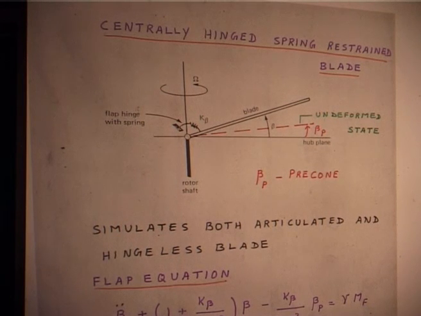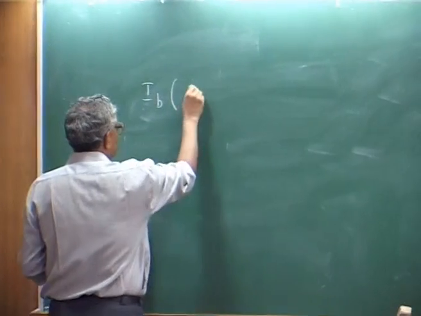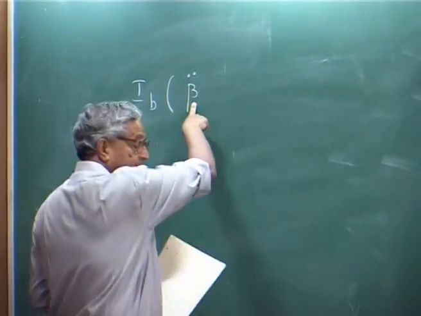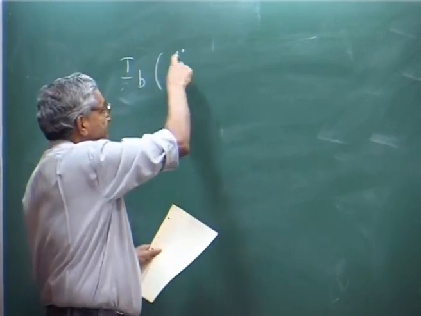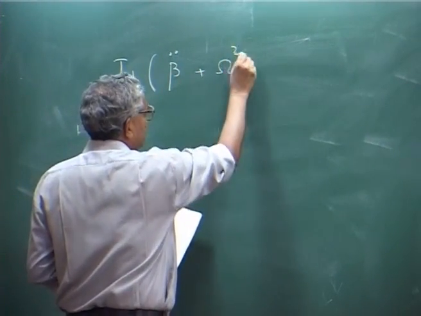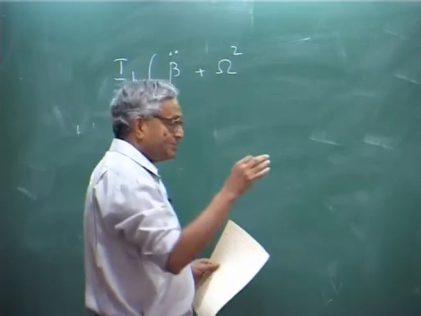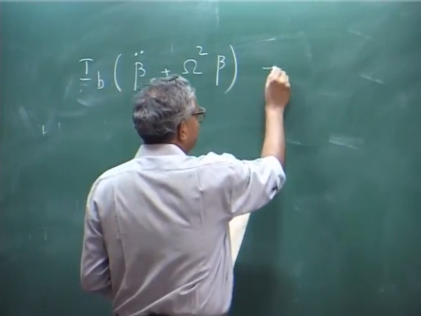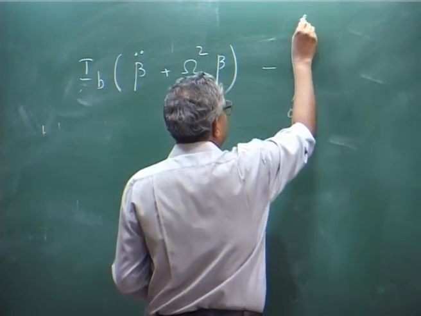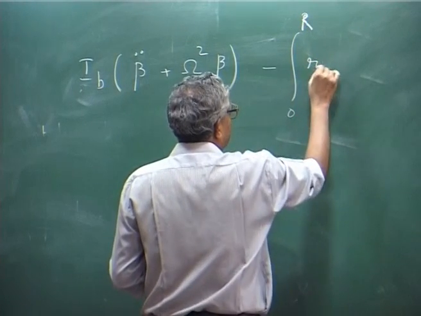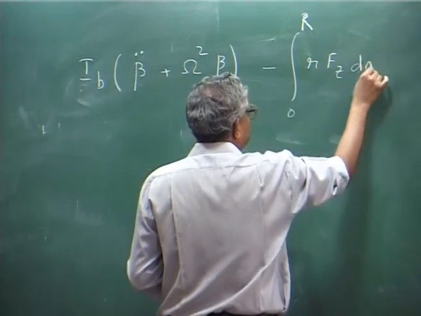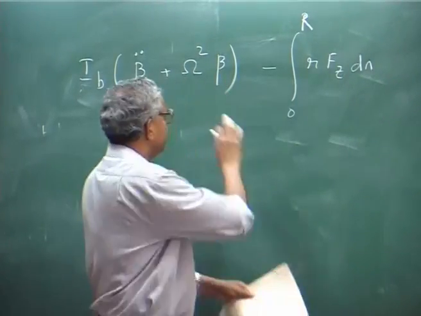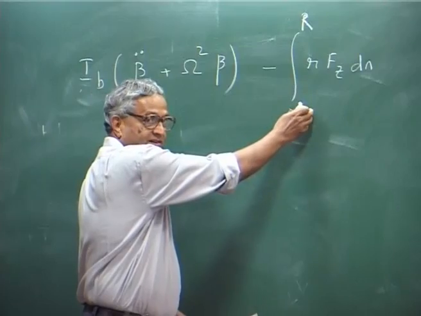So, I will just write that equation. The flap equation we wrote: inertia is I b into beta double dot, the derivative with respect to time, plus omega square, we make the approximation sin beta is beta, cosine beta is 1, this is the inertia, and the aerodynamic moment was the integral from 0 to R of r F z dr. We said inertia plus external.